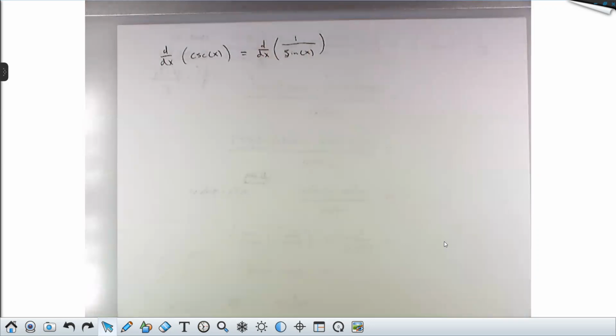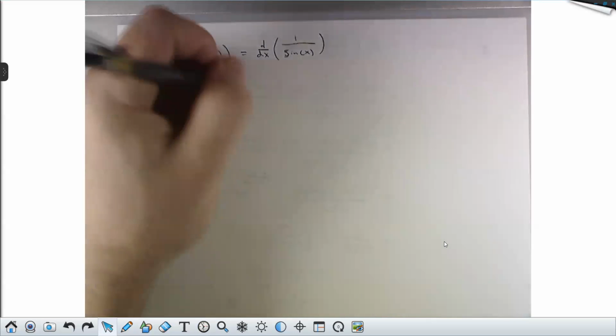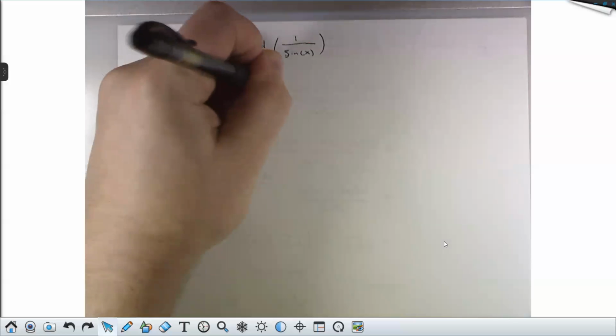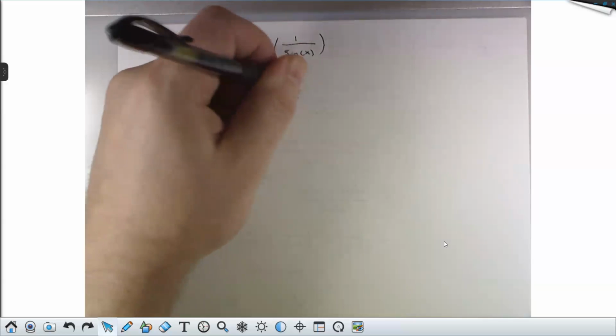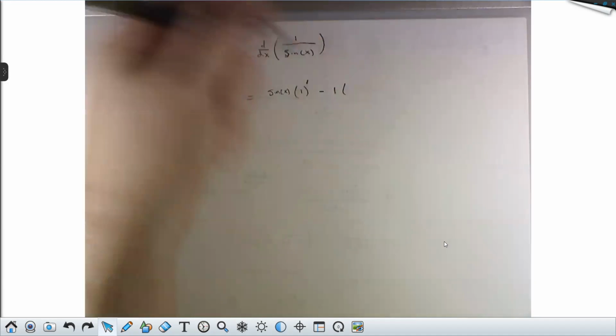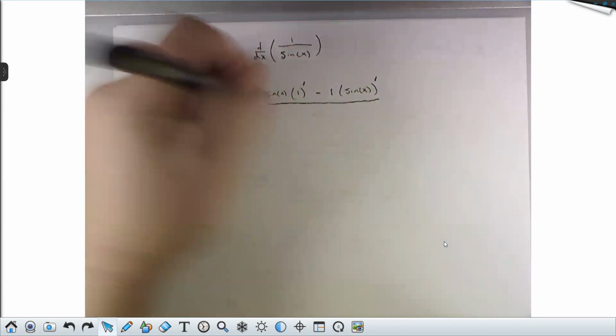So just like with tangent, our first step is to rewrite cosecant in terms of sines and cosines. Cosecant, by definition, is 1 over sine. So this is 1 over sine x that I'm differentiating. And that's again going to be a quotient rule thing. So that's the bottom times the derivative of the top minus the top times the derivative of the bottom, all over the bottom squared.